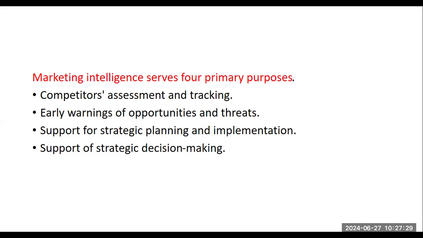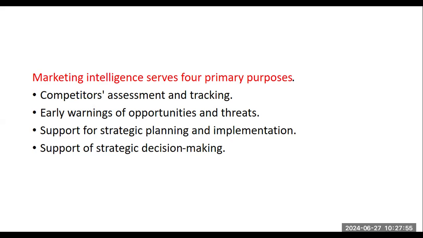Another example you can see is about the early warning of opportunities and threats. Here, Coca-Cola, a very popular beverage brand around the globe. Coca-Cola employs marketing intelligence to identify trends in consumer preferences, right? Consumer preferences matter a lot to these beverage companies because severe competition is there.